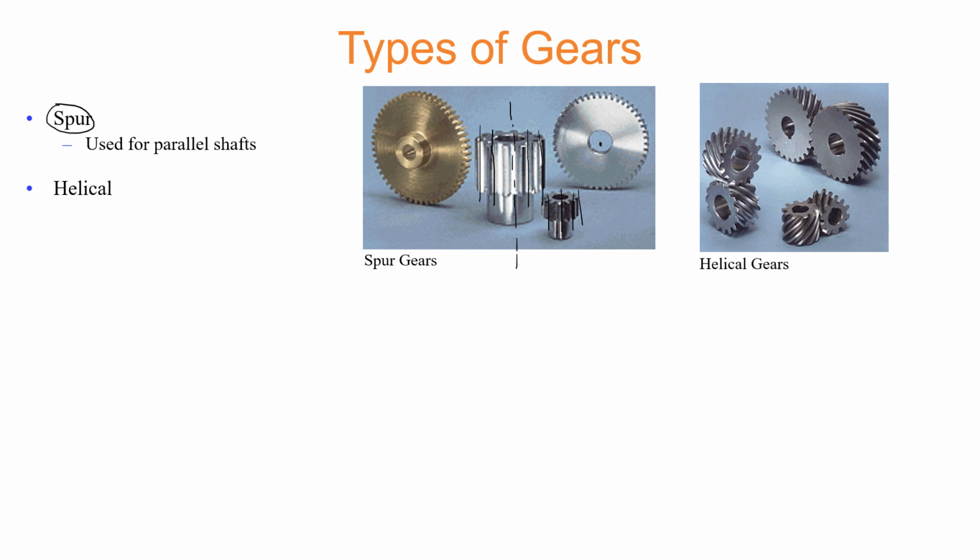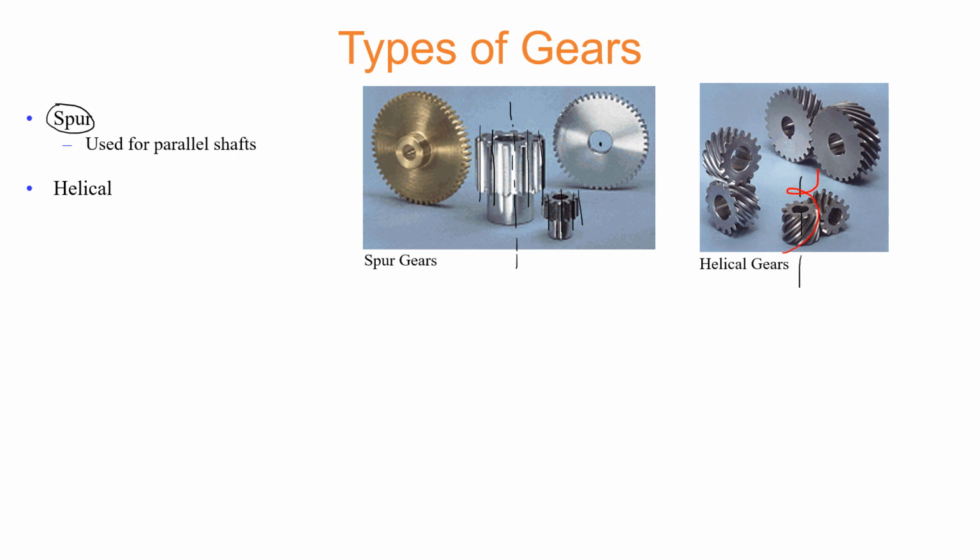For example, if I just try to draw it over here, you have the axis of rotation like this for this particular gear, and if I use a red color over here, this follows a helical line like this. So this gear tooth is exactly following some portion of the helix, and that's why it is called helical gear.